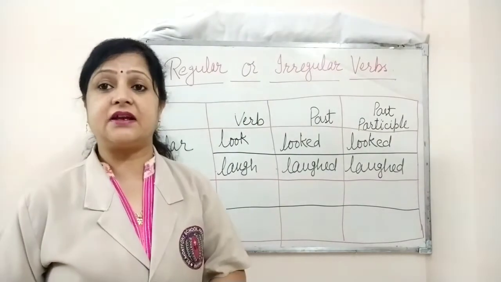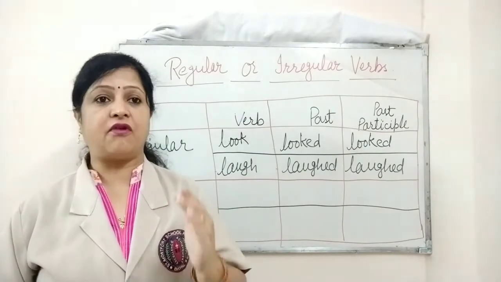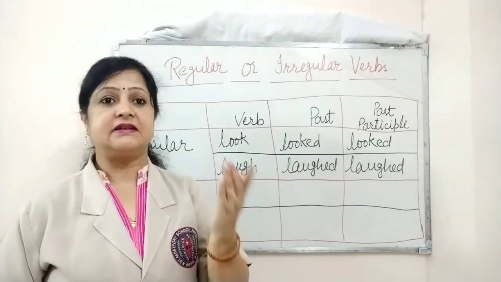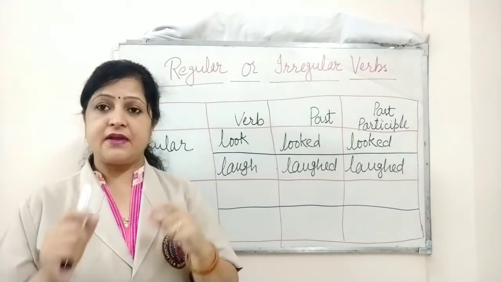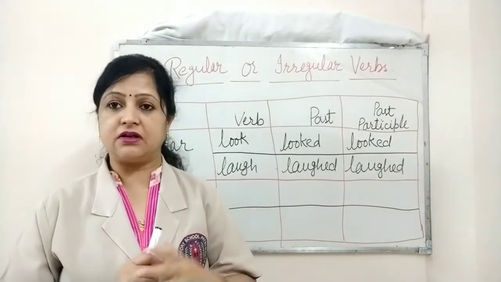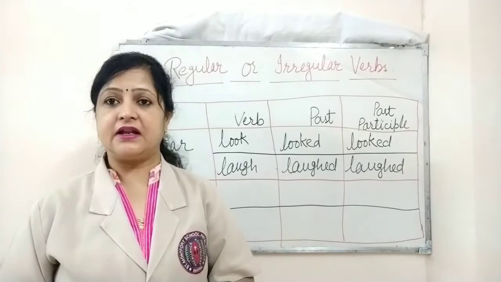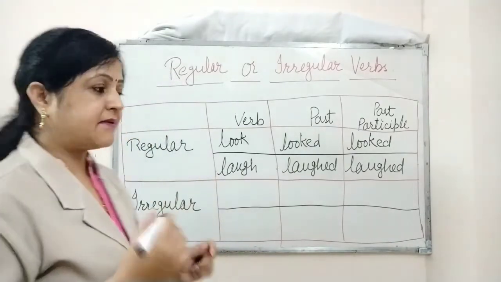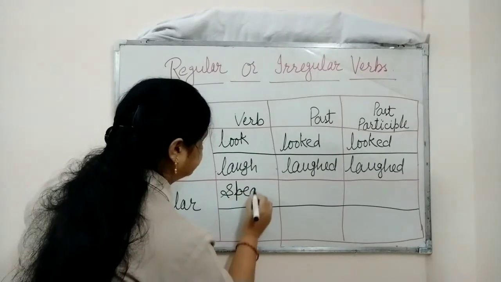Now what are irregular verbs? Irregular verbs are verbs that form their past tense in other ways. Okay, they make their past tense in other ways and are called irregular verbs. Now here we'll take some examples of irregular verbs. Like I am writing here speak. The verb is speak.